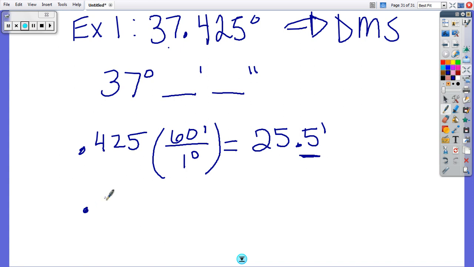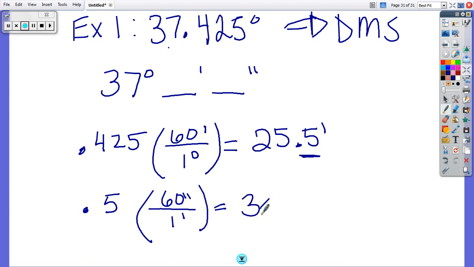So now I'm going to do 0.5, and I know that there are 60 seconds in 1 minute. And we know that a half times 60 is 30, so that means that I can write my final answer as 37 degrees, 25 minutes, 30 seconds is how you would write your final answer for a problem like this.